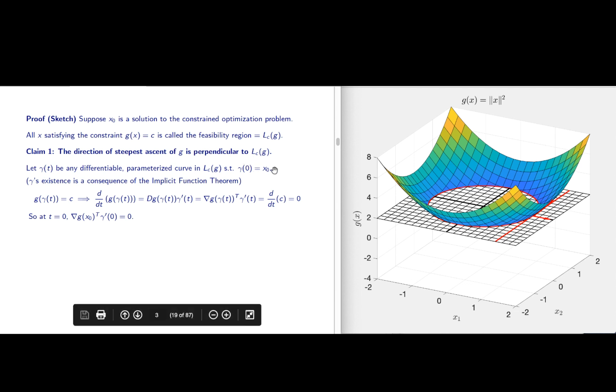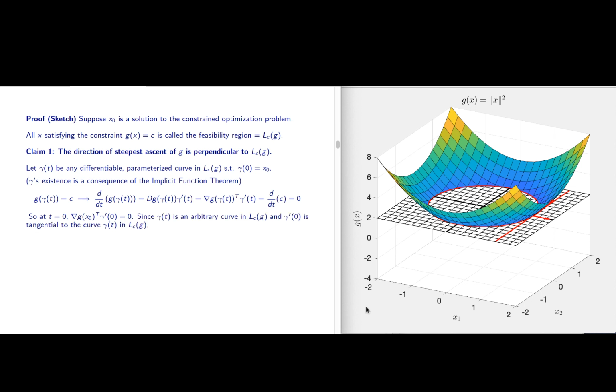So if the gradient of g transpose times gamma prime is 0, then the gradient of g and gamma prime are perpendicular. Now if I evaluate at t equals 0, I get the gradient of g at gamma of 0, and gamma of 0 is x naught, times gamma prime of 0. Now, gamma prime of 0 is a derivative of my curve, and the derivative of my curve is tangential to the curve.